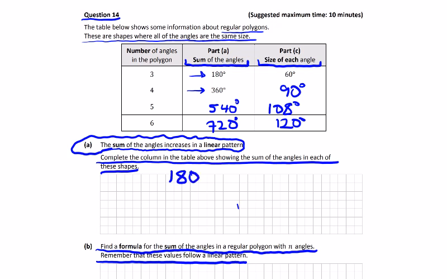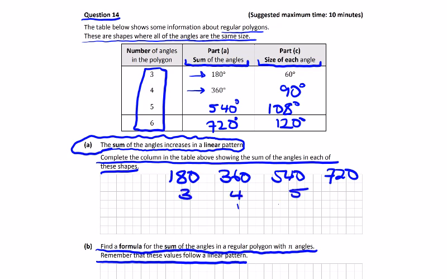So let's write out the pattern 180, 360, 540, and 720. And the key to this question is that the n values here are 3, 4, 5, and 6. So if we ignore the 3, 4, 5, and 6 just for a second, and we did just a linear pattern, the difference is 180.